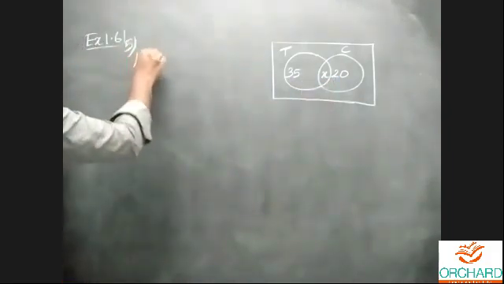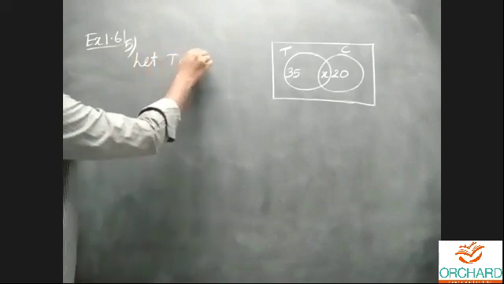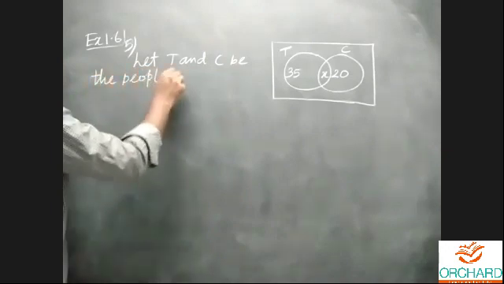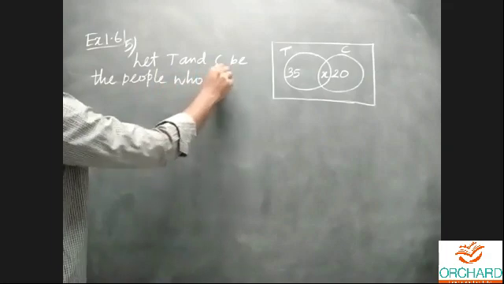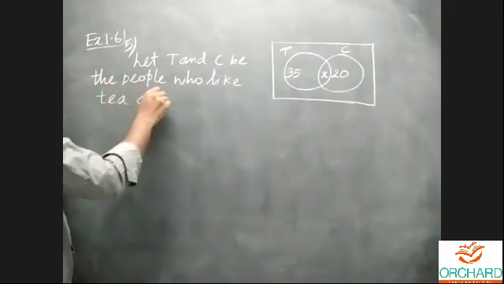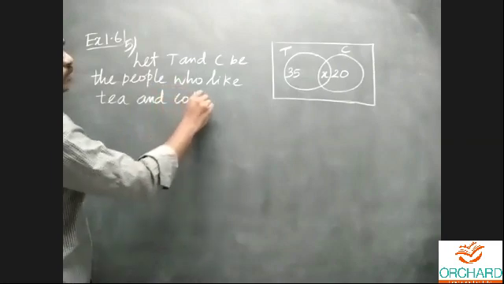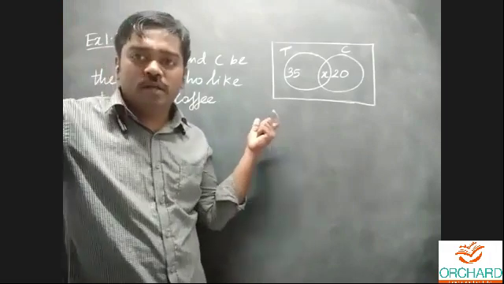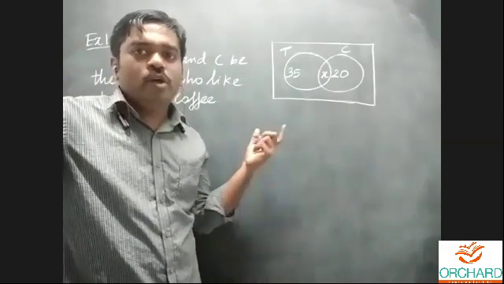Let T and C be the people who like tea and coffee. Suppose it's difficult to write the information, no problem.